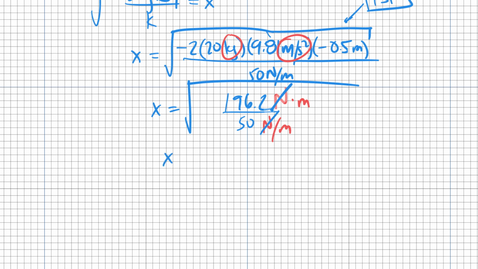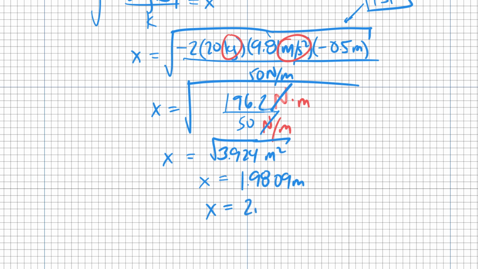So x equals the square root of 3.924 meters squared. Raise that to the half power, and we get 1.9809 meters. Unfortunately, there was 1 sig fig on this question.